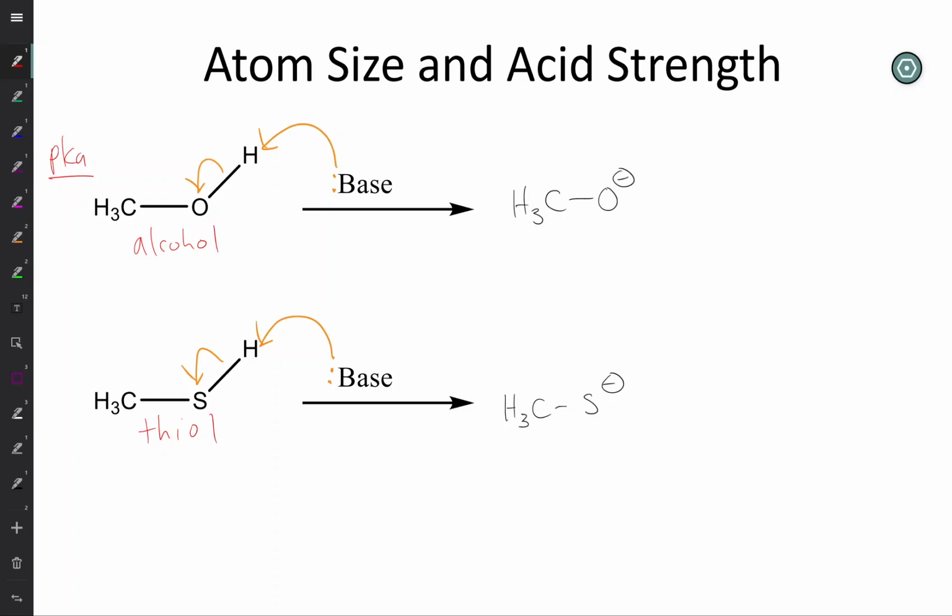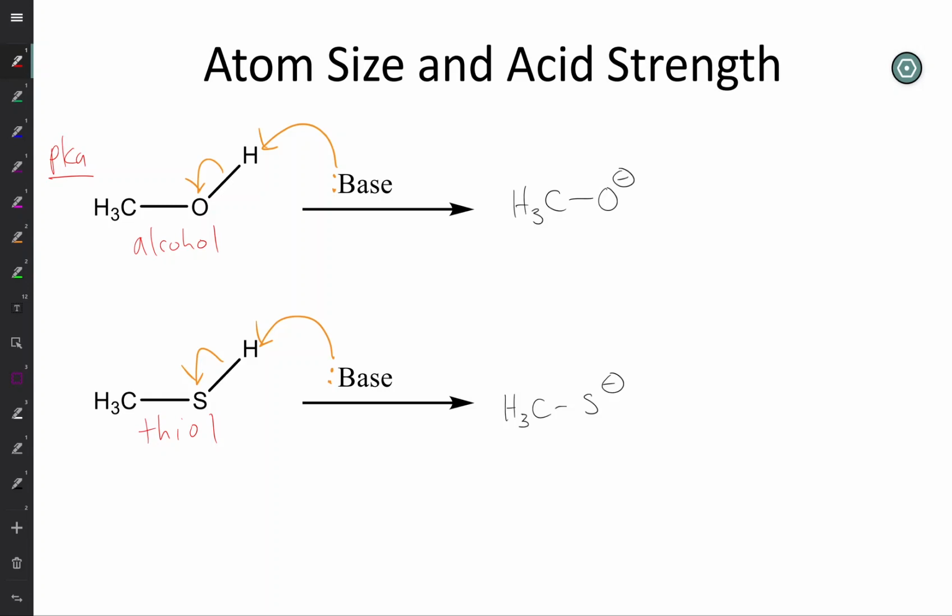So based on your chemical intuition, what do you expect? Which of these is more likely? Leave a negative charge on oxygen, leave a negative charge on sulfur. Oxygen. Oxygen's a lot more electronegative than sulfur. So your intuition says the first one should be more likely.